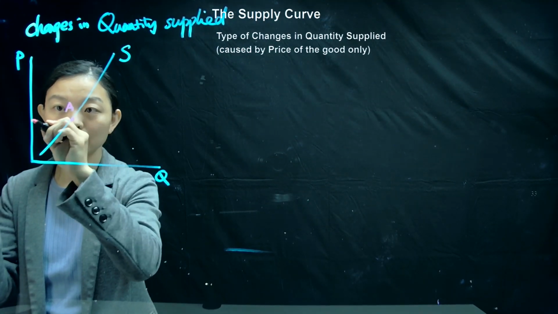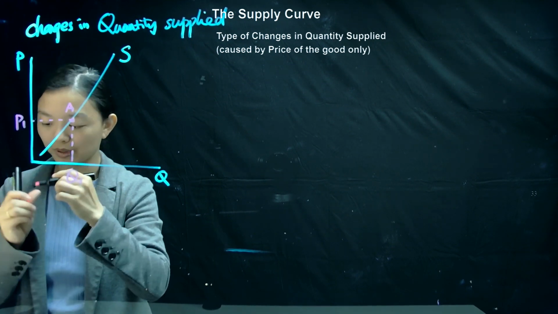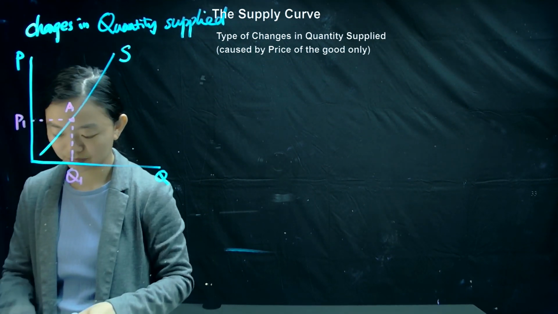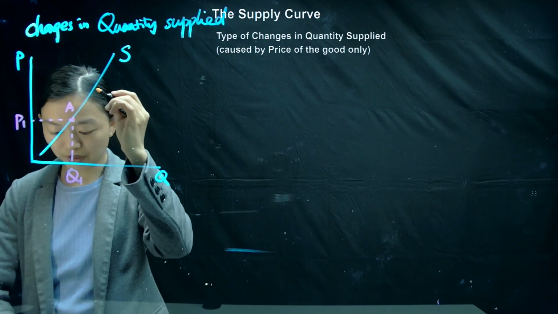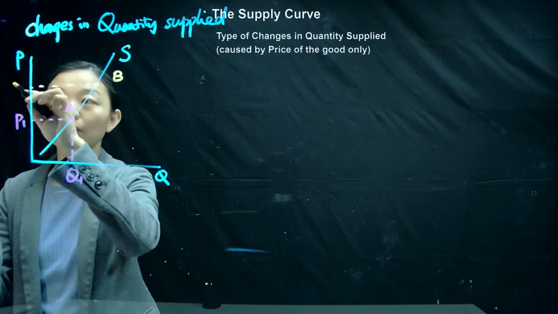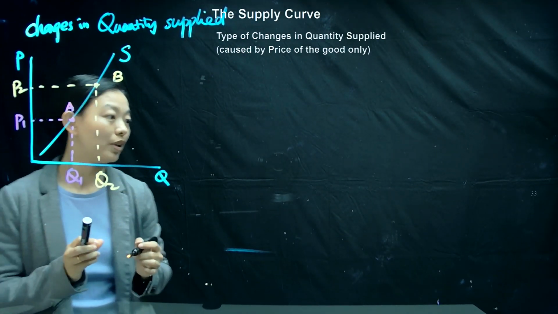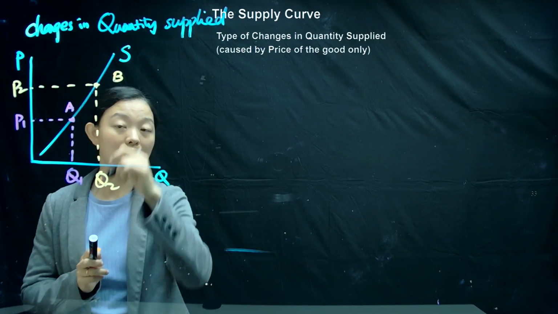Point A, P1, Q1. Point B here, P2, Q2. What's the difference between these A and B?